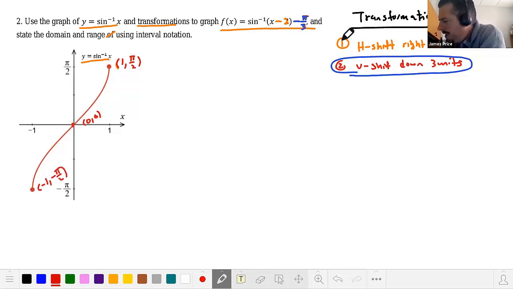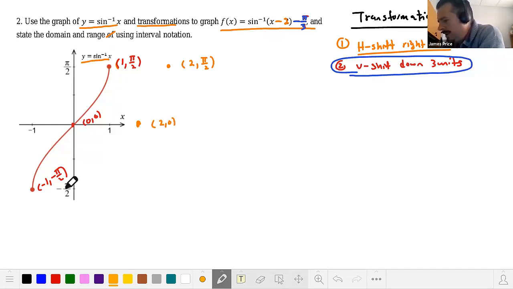And the first transformation is this horizontal shift to the right 2 units. So I'm just going to move this point to the right 2 units. I go over 1, 2. So this is the point 2, comma pi over 2. And this point, I go over 2. So 1, 2. And so this is the point 2, comma 0. And this one goes over 2.